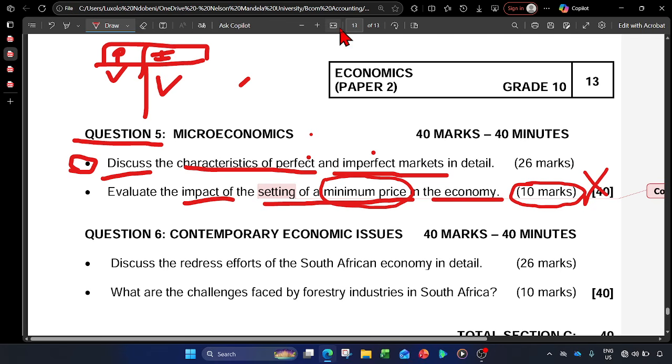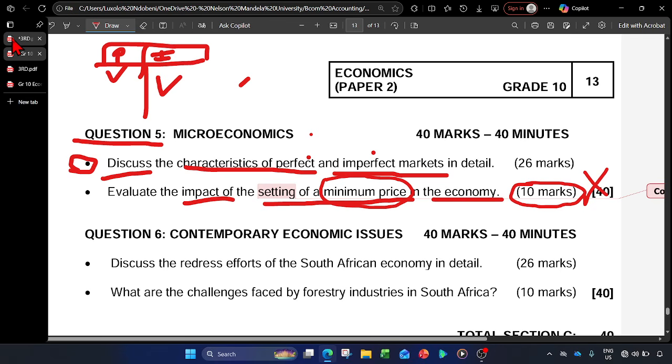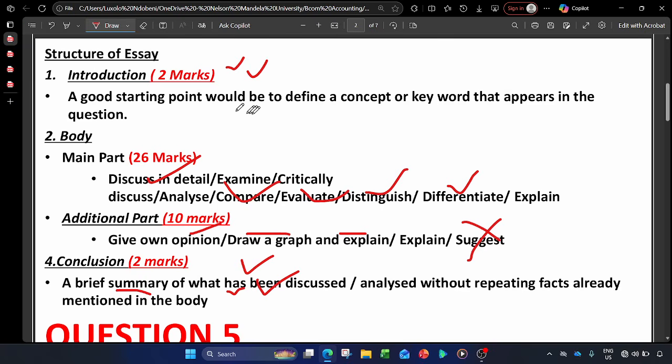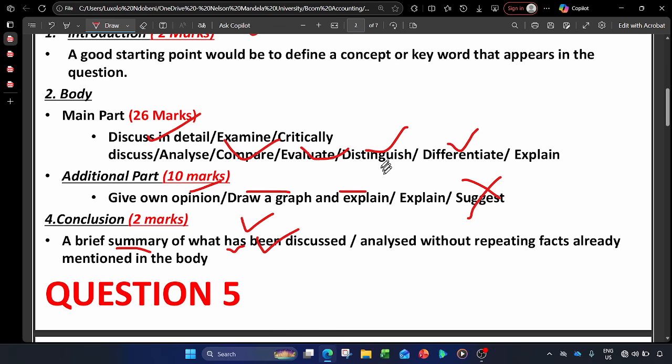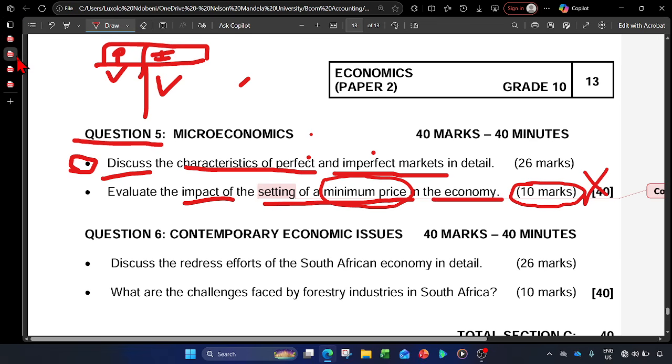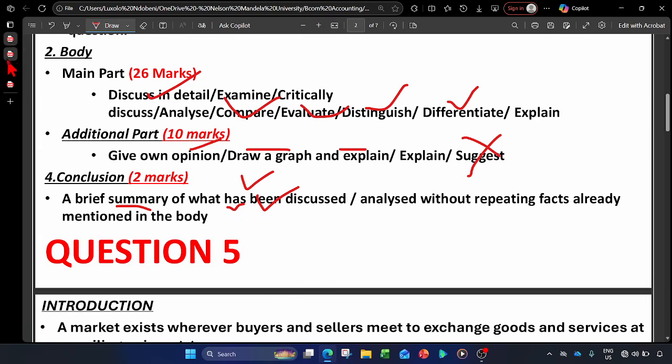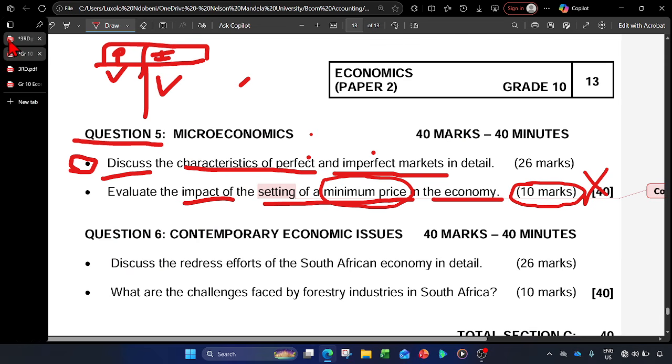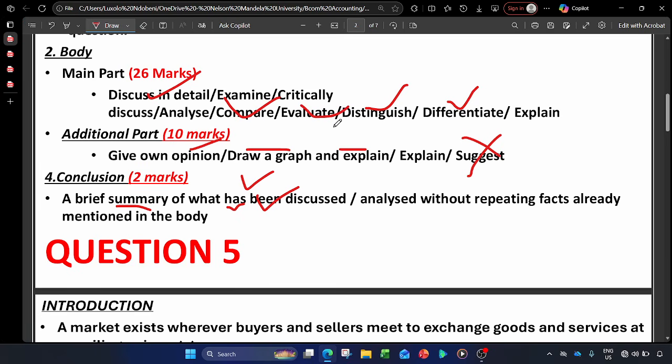So let's come to our introduction, as I said before. In our introduction, from question 5 of this question paper, you can either define markets, or you can define perfect or imperfect markets. For the sake of this video, because it includes both of them, it is very important to define the term market, right?